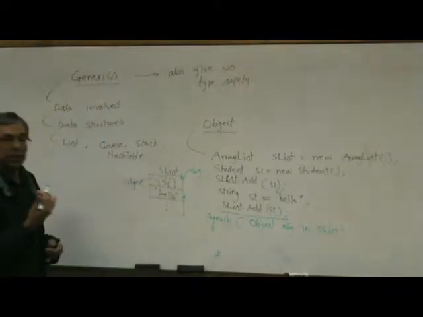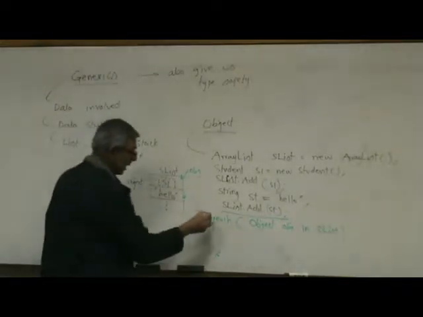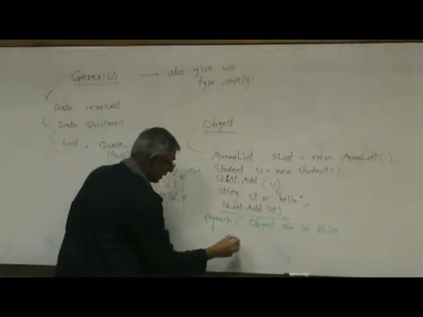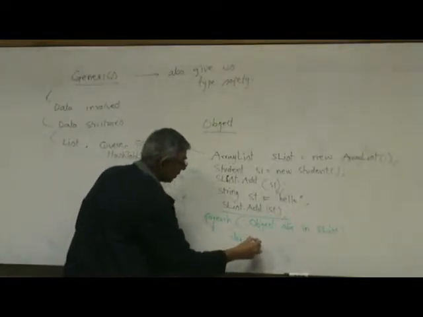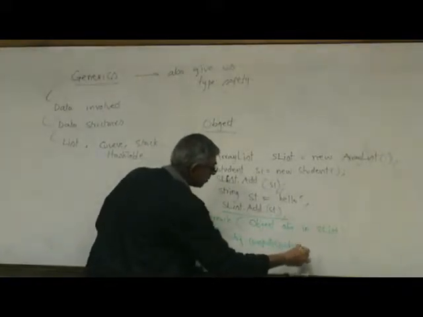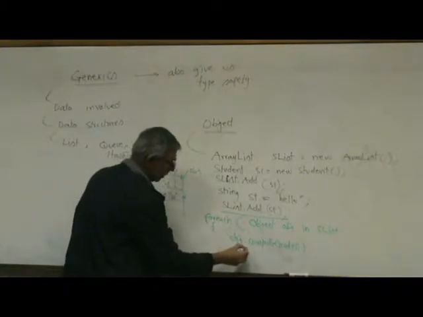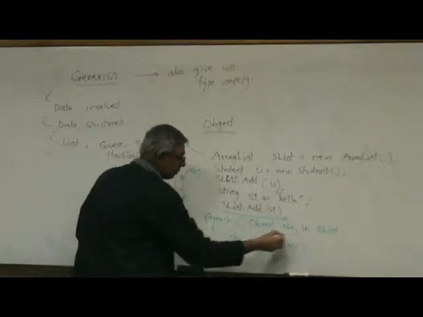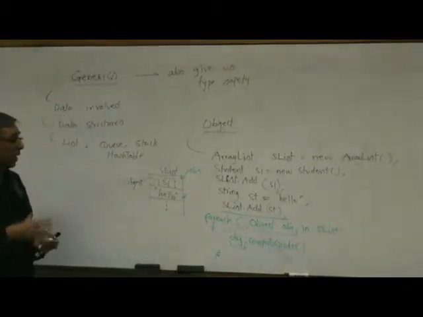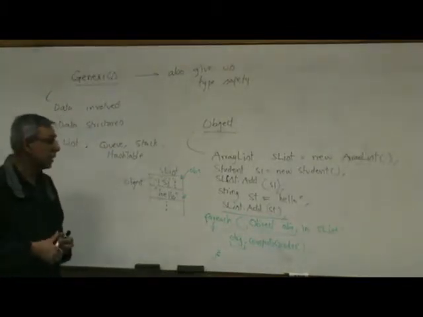Because Object is the base class for all classes, sure it can. Can we now do obj.computeGrade? Will it work? No. The reason it won't work is this code won't even compile, because what type is obj? Object. The Object class does not have a computeGrade method, so the compiler won't even let us run the program.